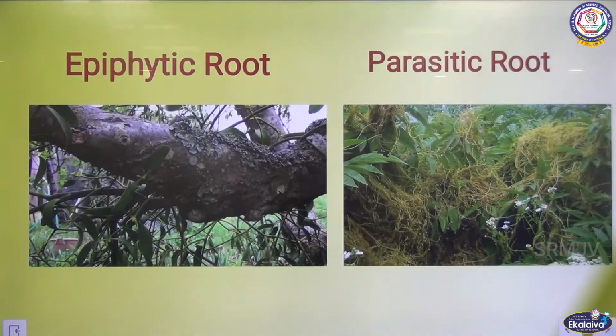The next example what you see in the picture are parasitic roots, and these parasitic roots are also called haustorial roots or sucking roots, and you will find them in the plant called cuscuta. Here the roots will penetrate into the stem of the host on which they grow, and those roots are called haustorial roots, and they help in absorbing the nutrients from the host.